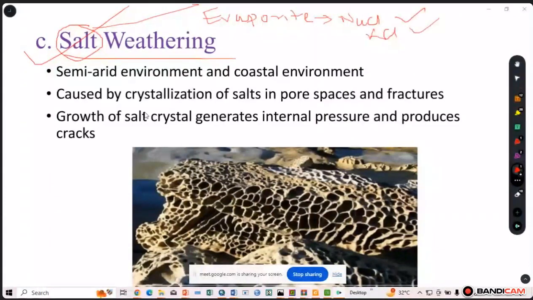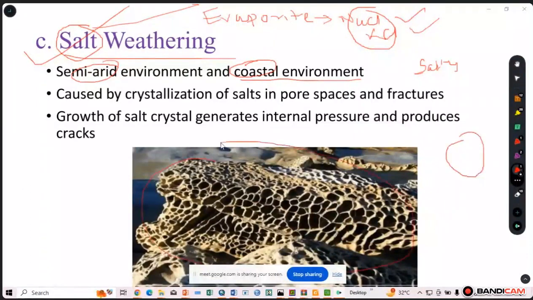What happens? Suppose in a semi-arid and coastal environment, those who are from Odisha and West Bengal know the coastal environment. In the coastal environment, the seawater is salty. In the seawater you can find these types of ions. Suppose these are the rock.